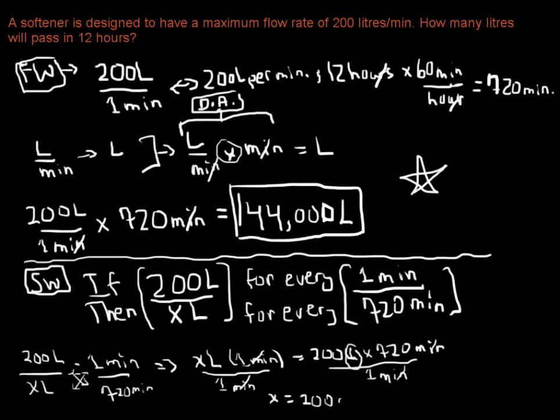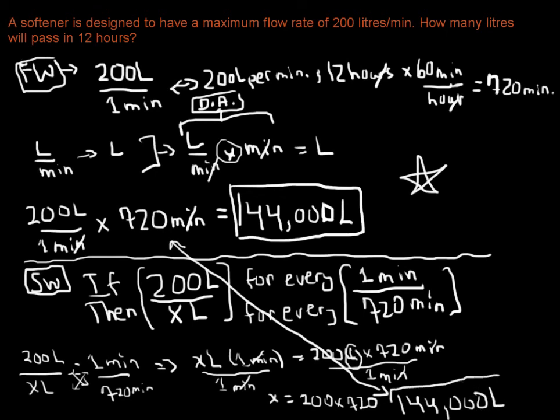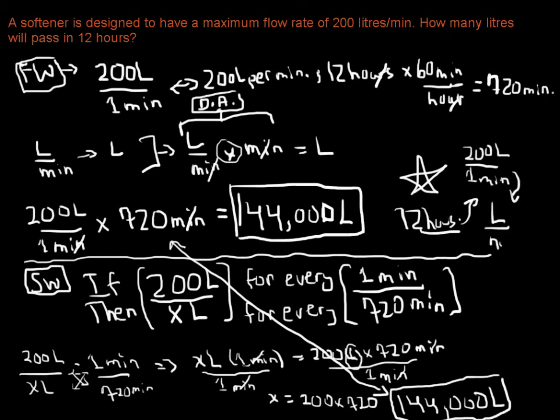x is equal to 200 times 720, which is the same thing we did up there, which is equal to 144,000 liters. Now you could have done all this by keeping the total time as 12 hours but converting the rate itself to liters per hour.